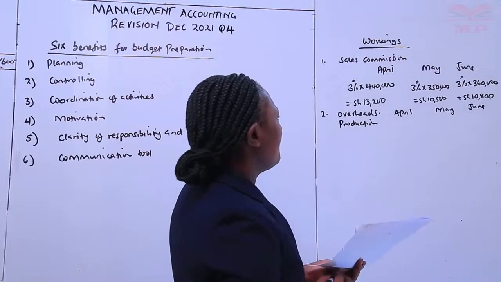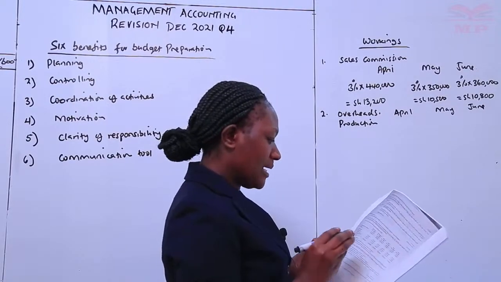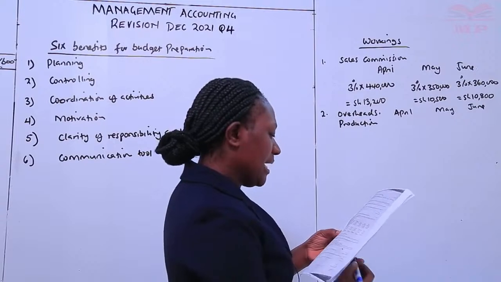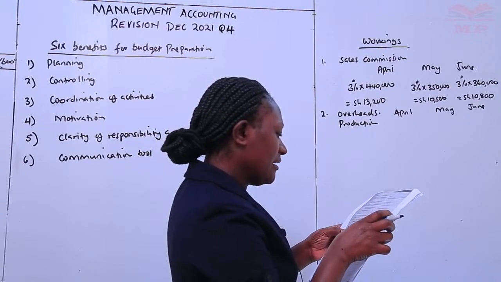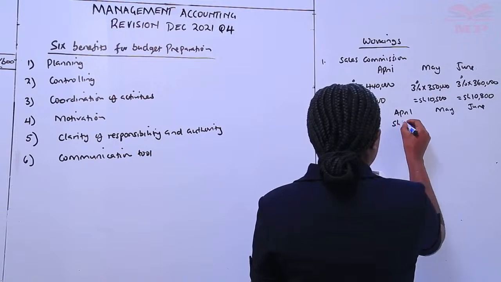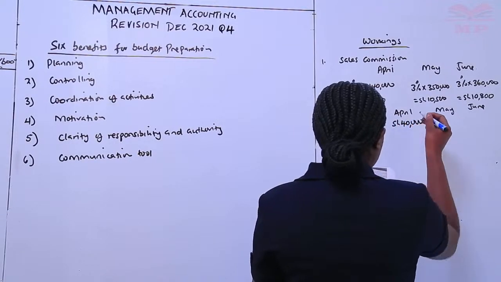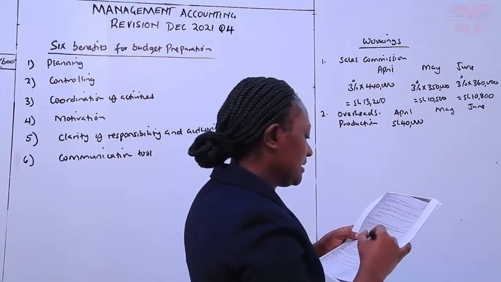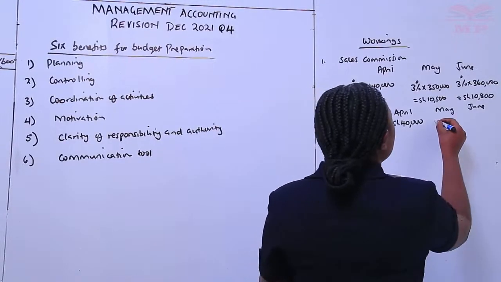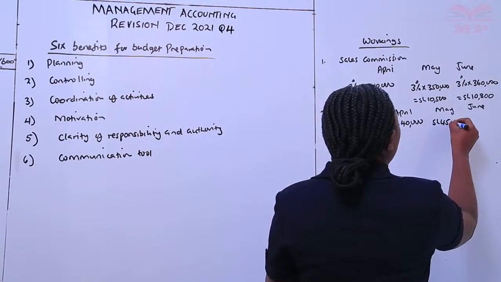So for production overheads, those that were to be made in March will be made in April. So in March we had 40,000, which is now to be made in April. So we simply write 40,000. For May, those that were to be made in April are the ones that will be made in May, which is 45,000.